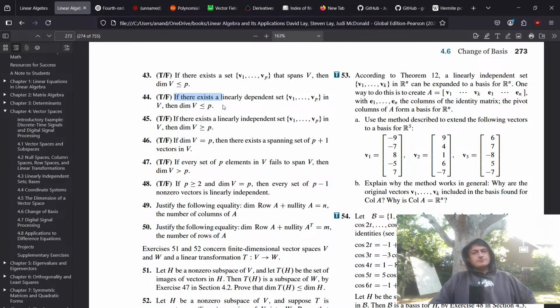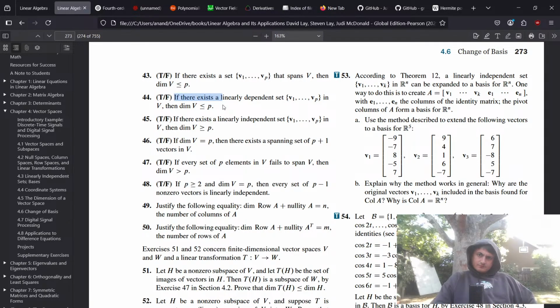I'm pretty sure it's false because you could just have p copies of the same vector.